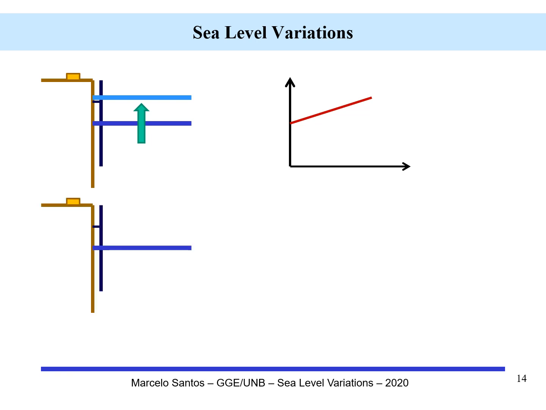Consider now another tide gauge. This time, the place where it is located is sinking. The sea level remains the same, but the plot of vertical displacement over time indicates once more a growth of mean sea level, this time an unrealistic growth.